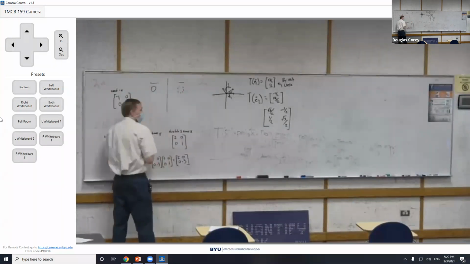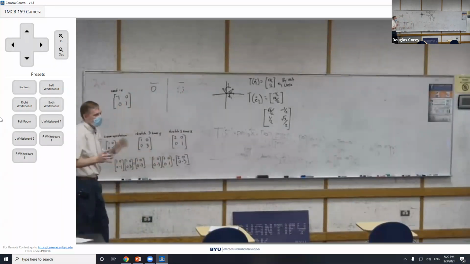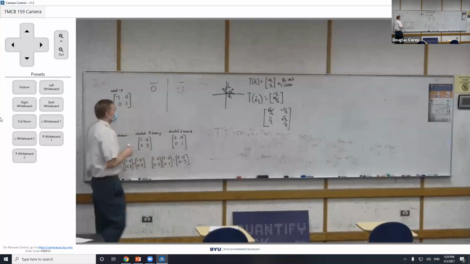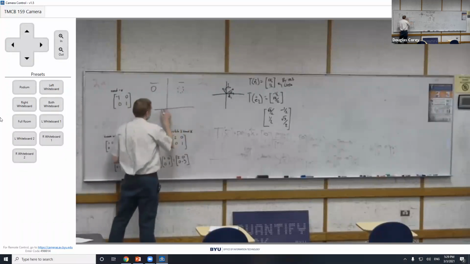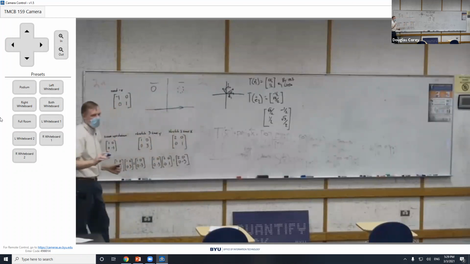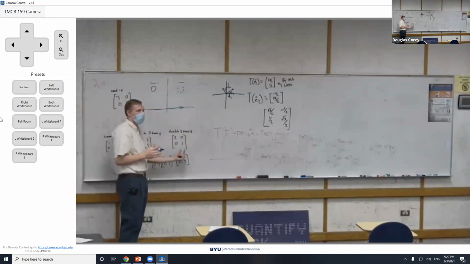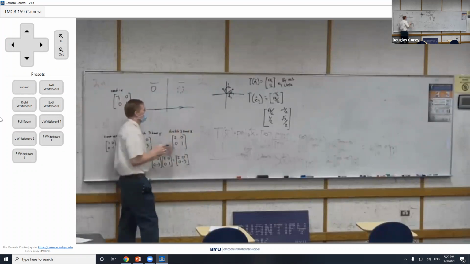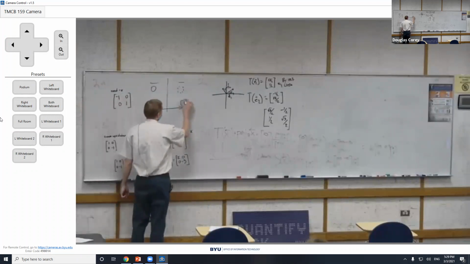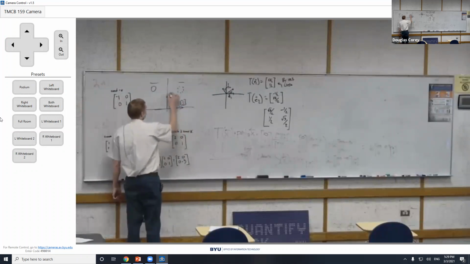So a lot of you are good at just reasoning through what's going to happen with these shapes and coordinates. A lot of you might want to use the power of the theorem, this powerful theorem that says you only have to look at where the basis vectors go. And then if you know where the basis vectors go, you use that to build your transformation matrix. So 1, 0 here, 0, 1 here.